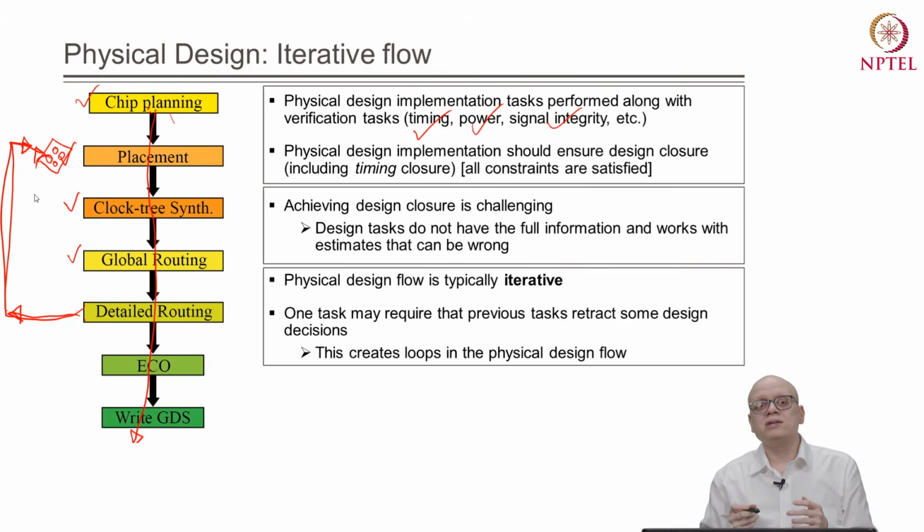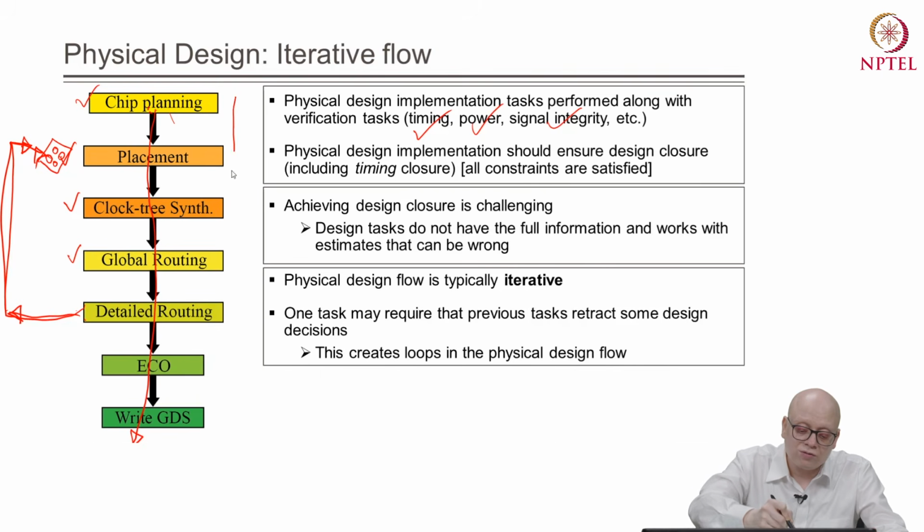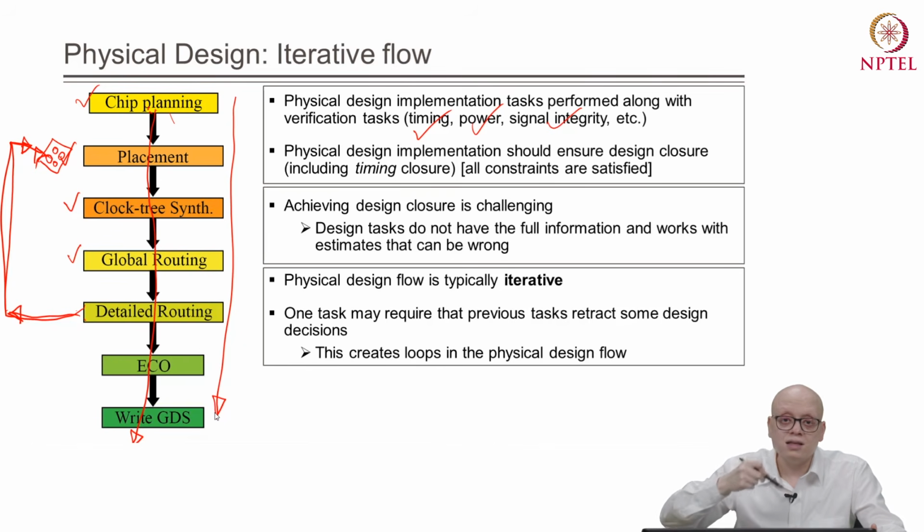And typically in industrial design, it is very unlikely that in one push-button kind of flow, we are able to close the design or get the required results on the layout. There are inevitably iterations in the design flow introduced because of the retracting of decisions of the earlier design processes, right.